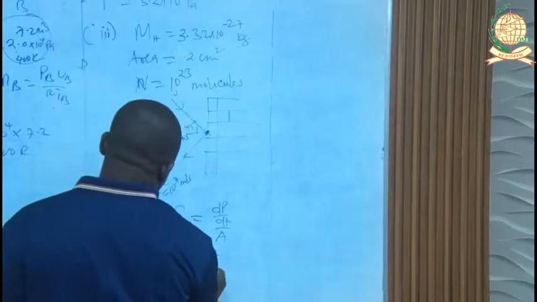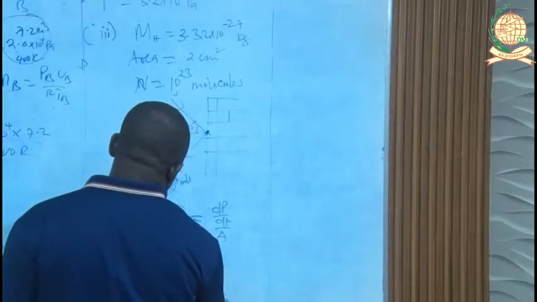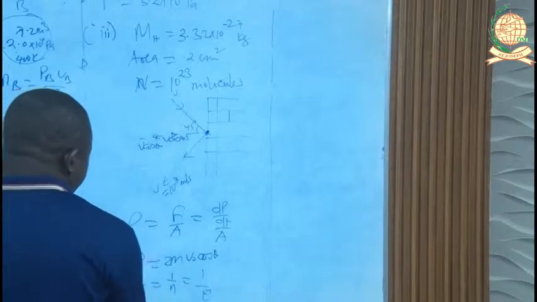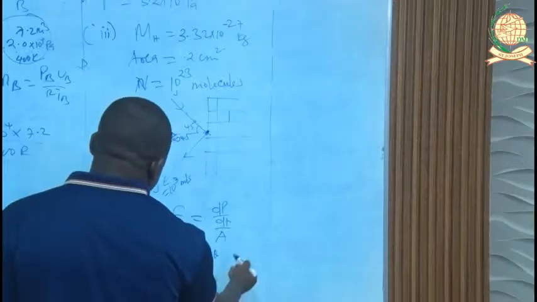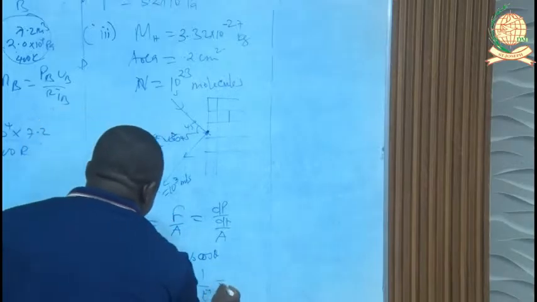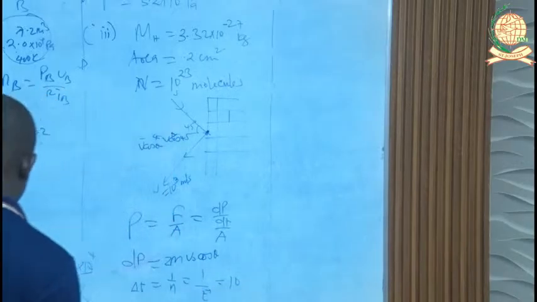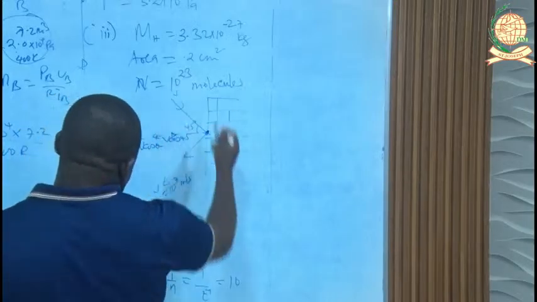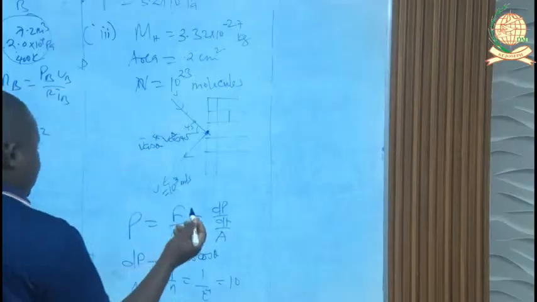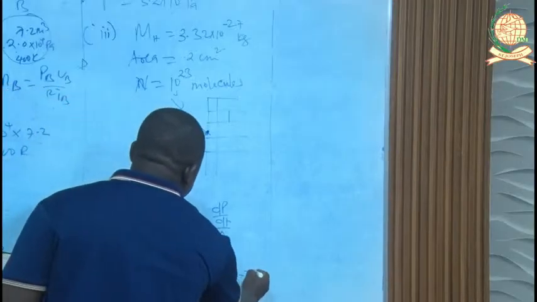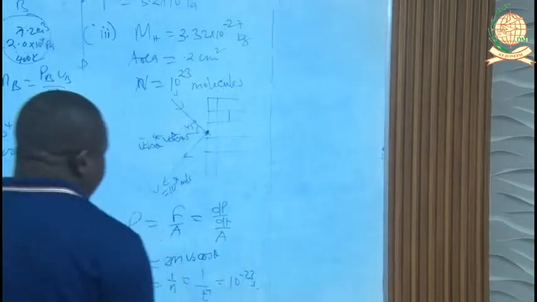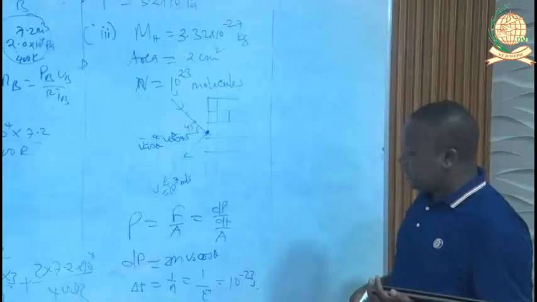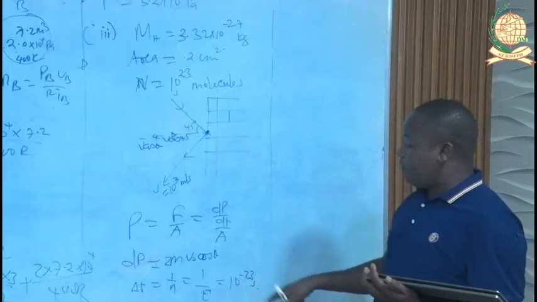That means it is 1 over 10 exponent 23, so the time will be 10 exponent negative 23 seconds. So each second this will be hitting, the time of impact will be this one.